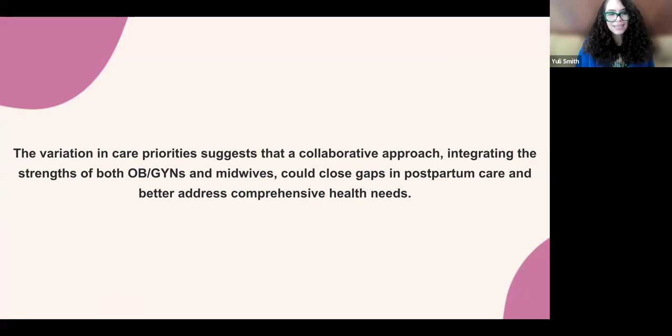So based on that study, the variation in care priorities suggests that perhaps a collaborative approach with midwives and OBGYNs and leveraging their strengths could help close gaps in the postpartum period and hopefully prevent pregnancy-related deaths in the postpartum period.